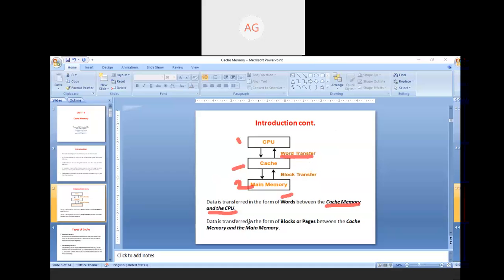When the data is transferred in the form of blocks or pages between the cache and the main memory, we call it block transfer or page transfer. So you must remember these terminologies. Between CPU and cache, it is called word transfer, and between cache and the main memory, it is called block transfer or page transfer.